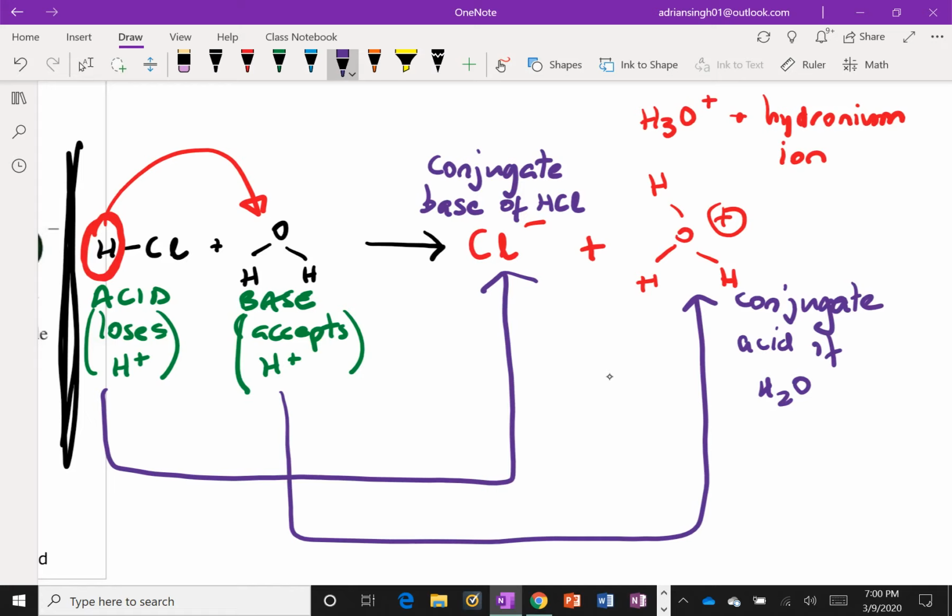That's how you can identify these conjugate acid-base pairs. And it all starts from, first of all, deciding, well, what is your acid? Whatever your acid is, the other thing right next to it has to be the base. And then from there, all the dominoes kind of fall. Right? The terms can be a little confusing at the beginning, but you have to go through it a little slowly.